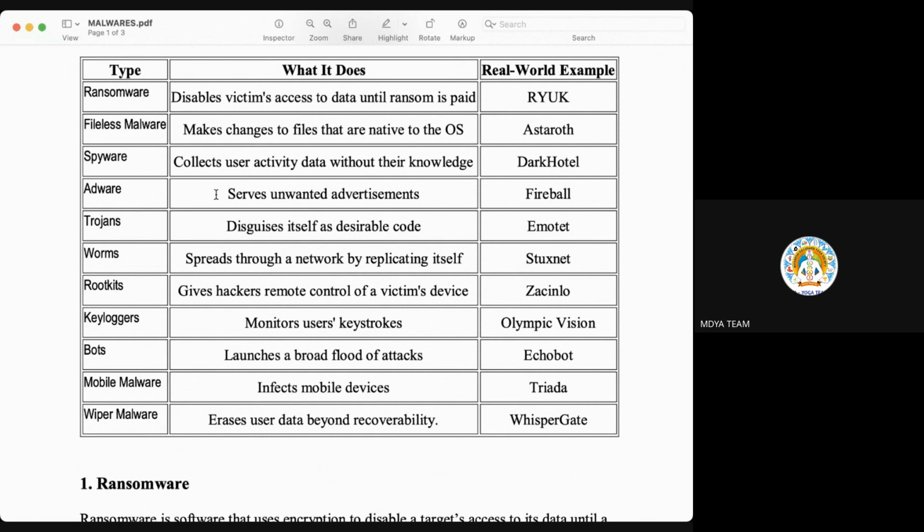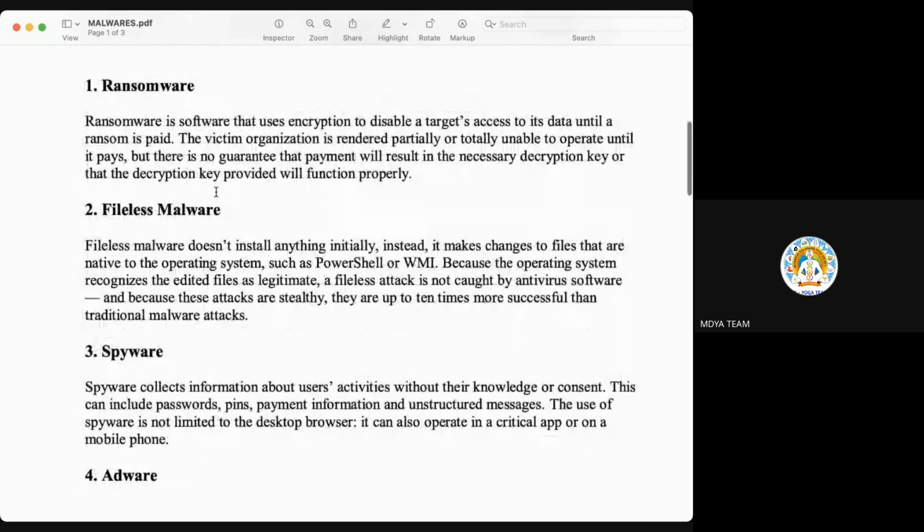So this is for the ransom money. All right, ransomware. Fileless malware is not proper software, but it makes changes to your files. Spyware just tracks, they spy on what you are doing, which site you are surfing, and sometimes your username and password.